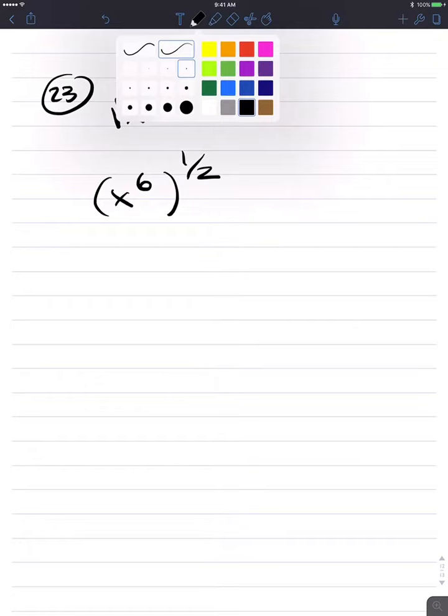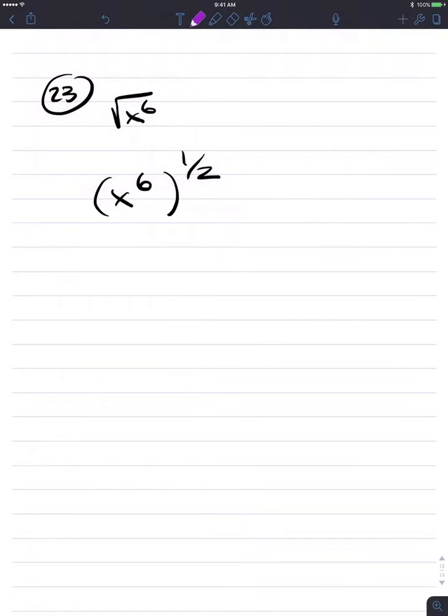Number 23, the square root of x to the 6. Let's remember that we can write this as x to the 6 raised to the 1/2 power. Again, if there's no index, it's understood to be a 2. So I always write the 2 here as a denominator for this base of x to the 6th power.